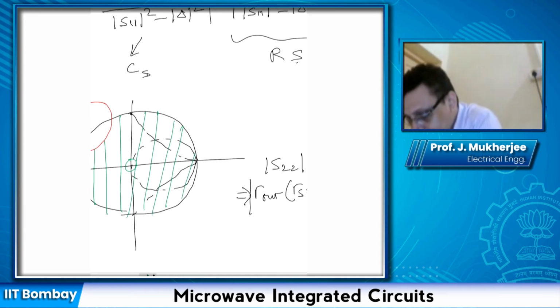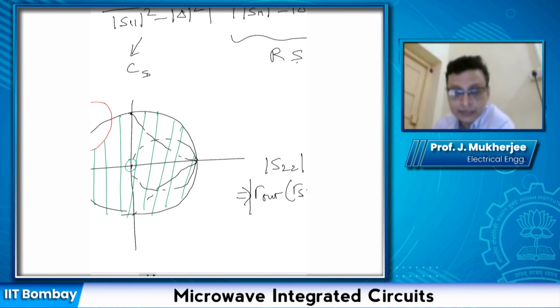Note that you can never exceed, in order to satisfy this condition, isn't it? This always has to be satisfied, because gamma S is a passive source impedance. It's not active. Gamma S and gamma L always have to be passive.